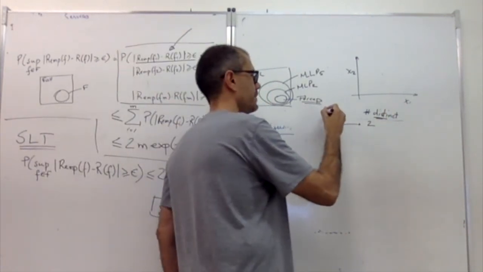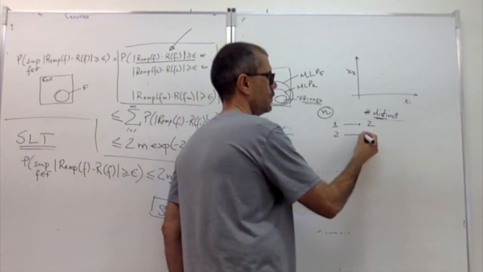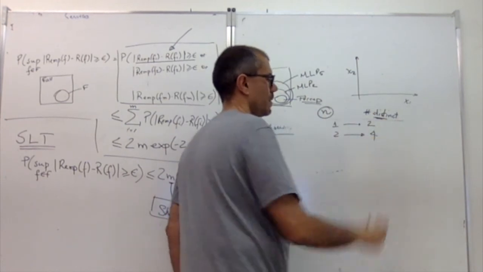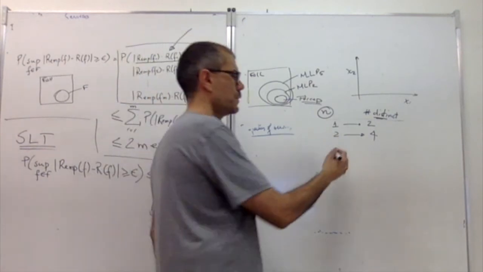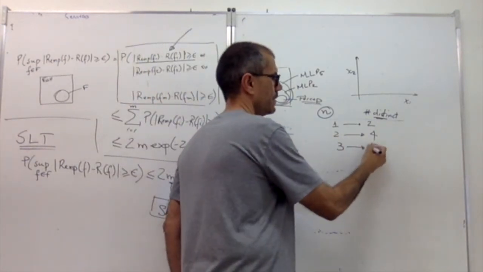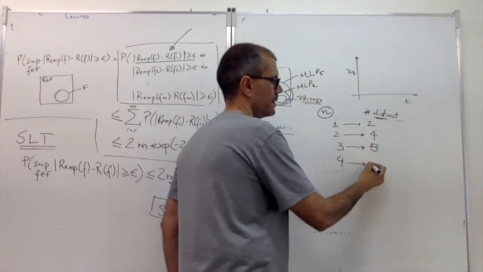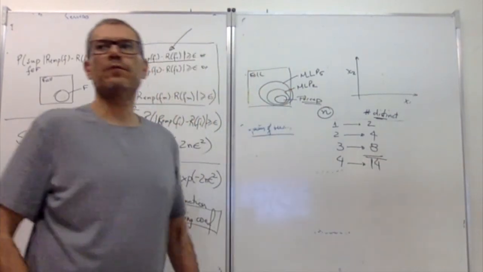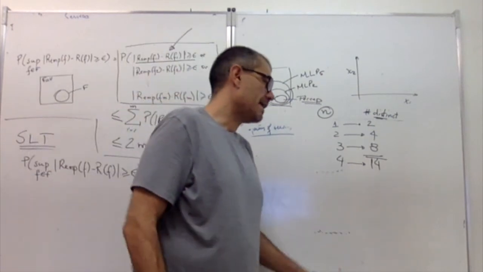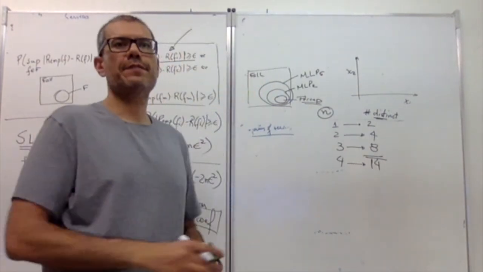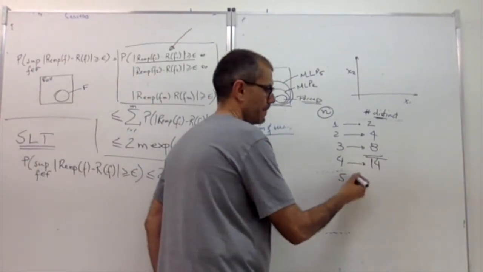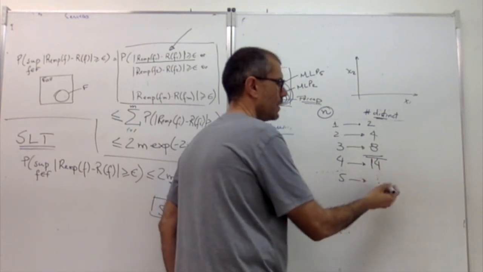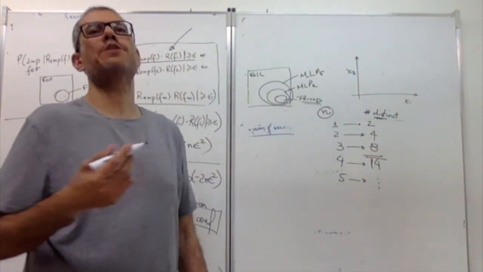Okay, so here I have the sample size. For 2, as we saw before, we have 4, right? For 3, in this case, we're going to have 8. But for 4, we don't have 16, we have 14. And from now on, if the sample size increases, it's not going to behave like an exponential function.